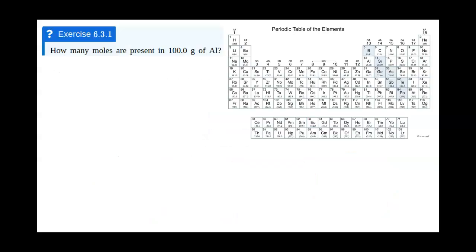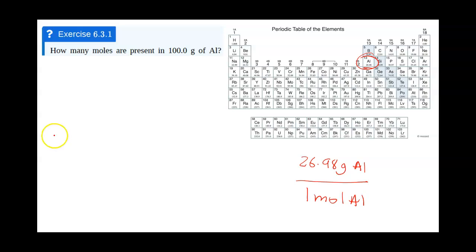A good example of this is calculating how many moles are present in 100 grams of aluminum. I know that the conversion factor between grams and moles is the molar mass. So the first thing I'm going to do is identify the molar mass. There are 26.98 grams of aluminum in every 1 mole of aluminum.